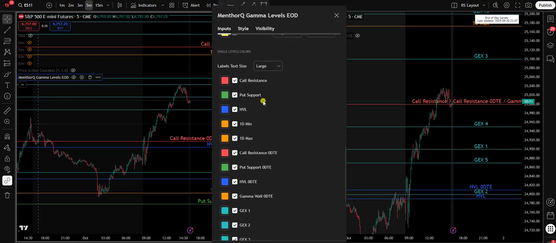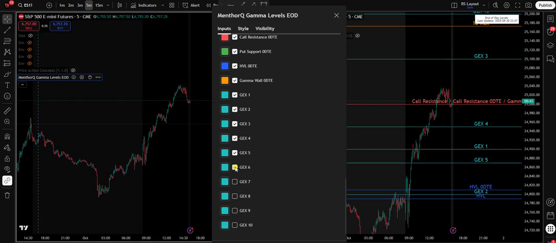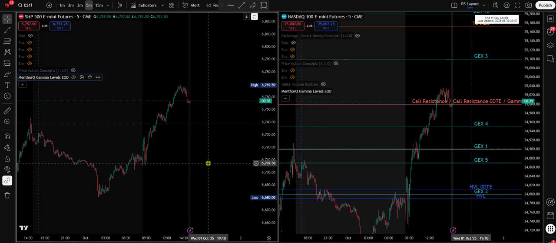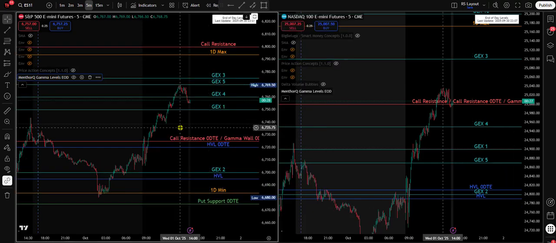Or you can come over here and turn off the individuals. I turn off 6 through 10 usually because I don't use those levels. I only use 1 through 5, and really what I usually use is JEX 5 on S&P 500 and Nasdaq. I found it very, very useful.